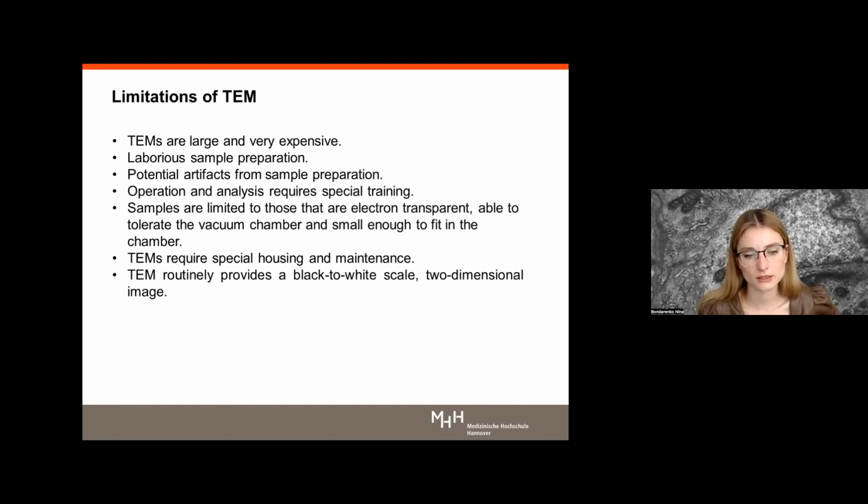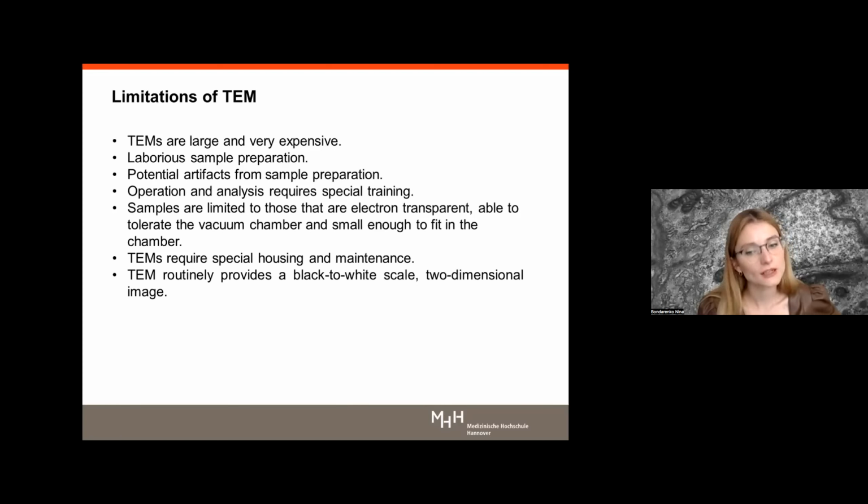Samples are limited to those that are electron transparent, able to tolerate the vacuum chamber, and small enough to fit in the chamber. What does that mean? That means that for electron microscopy, we usually use very small pieces of tissue, only 1 millimeter in square volume, because we can't put a large-sized sample in the vacuum chamber for analysis.